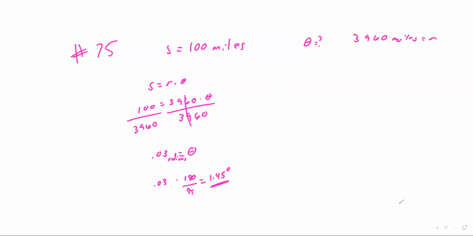All right, let's do another one so we have more examples. Let's look at number 77. Number 77 says find the distance between Denver, Colorado, and Roswell, New Mexico, which lie on the same longitude. So I'm looking for my S, the distance.